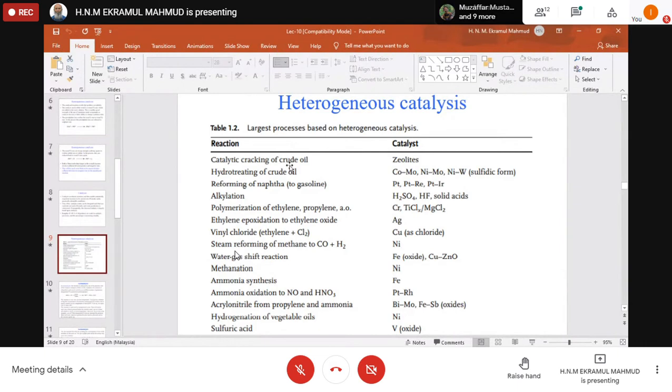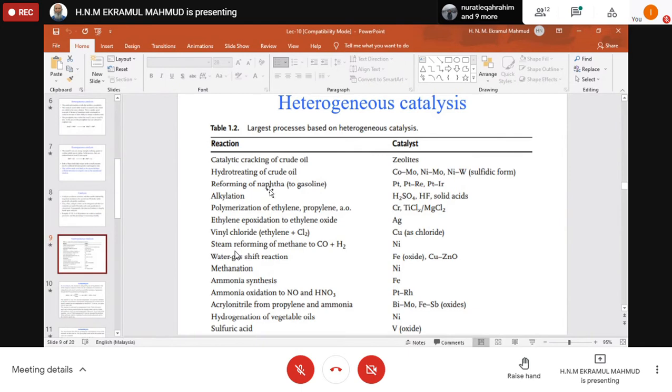Catalytic cracking of crude oil: we use zeolite as the catalyst. Hydrotreating of crude oil: cobalt, molybdenum, nickel, tungsten. All these are used for hydrotreating of crude oil.